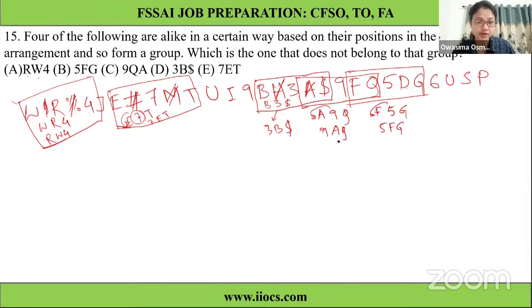So only this is not matching the series, because if we arrange according to this manner, our series will be 9AQ, but it is not matched. So option C will be the right answer. Yes, option C is the right answer. Is it clear? Is it clear to everyone?